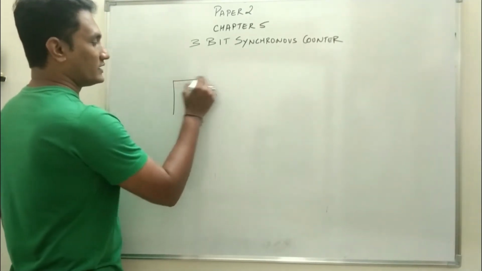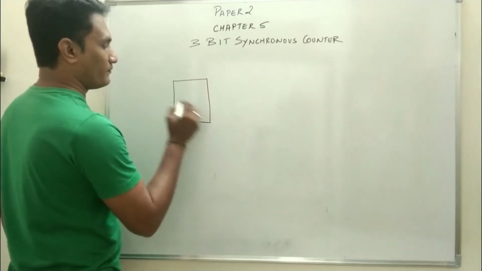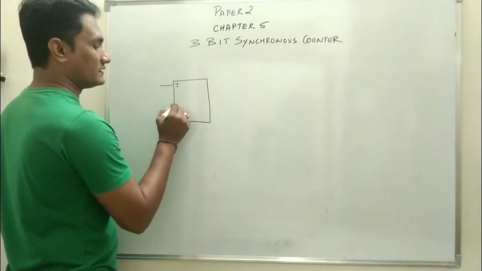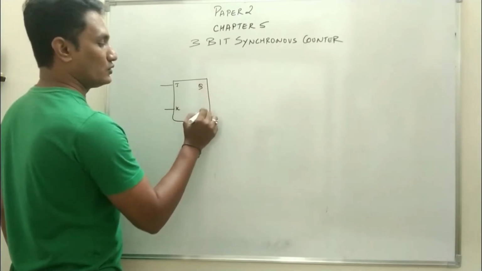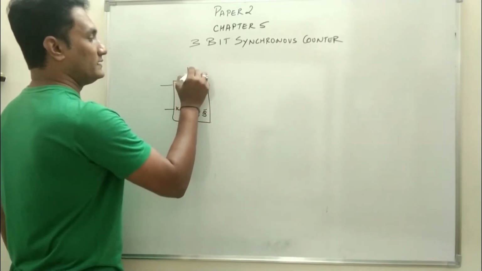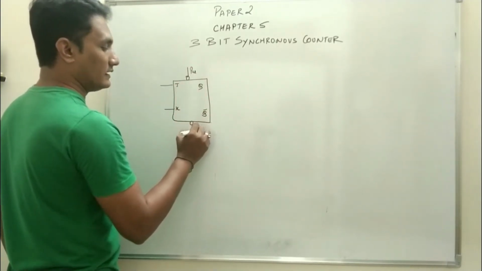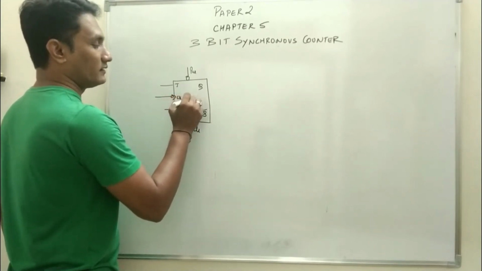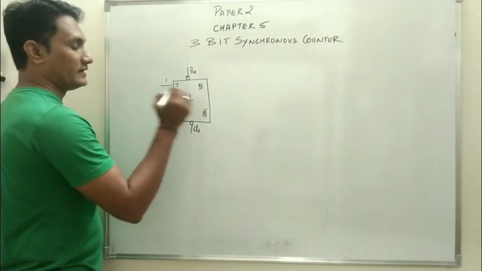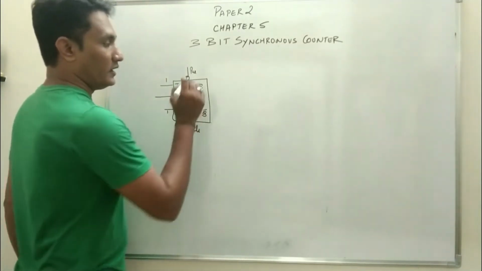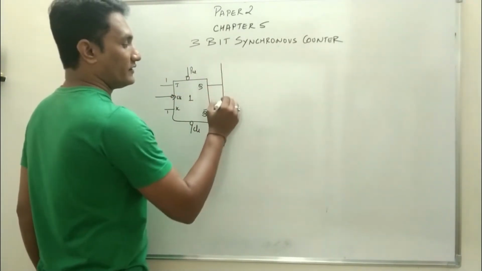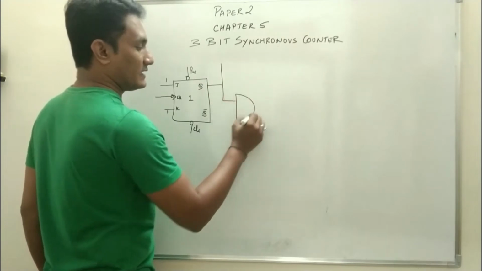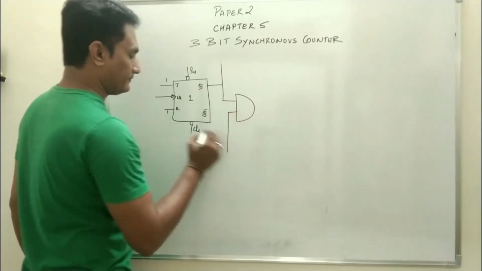So now say the first flip-flop, this is J, this is K, Q, Q bar, preset and clear terminal. Again the first flip-flop will be clocked directly. J and K is 1. Now the output of the first is connected through an AND gate.